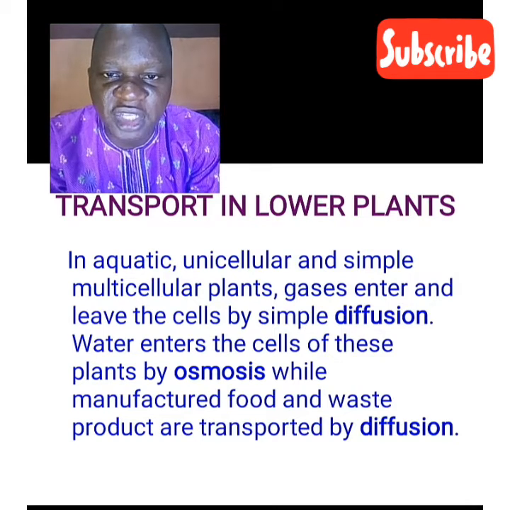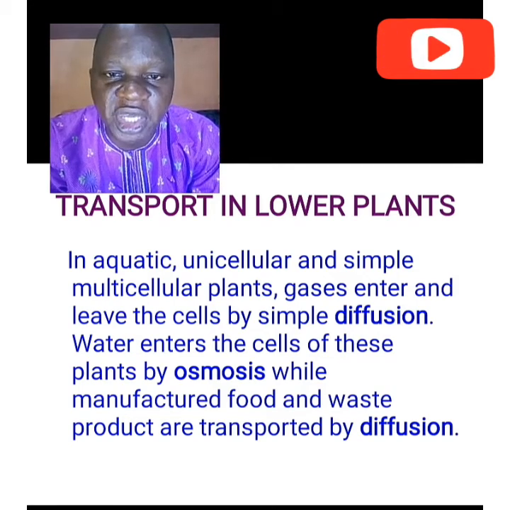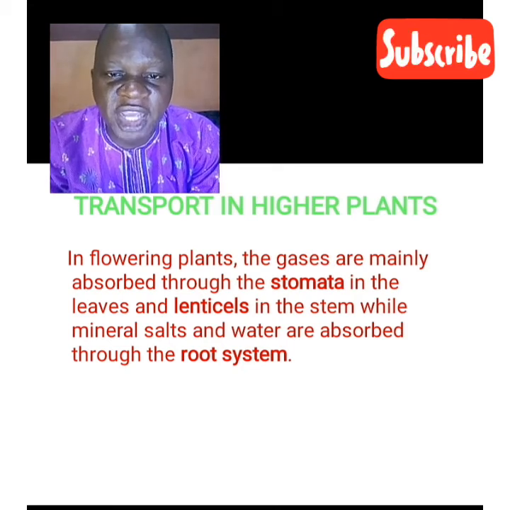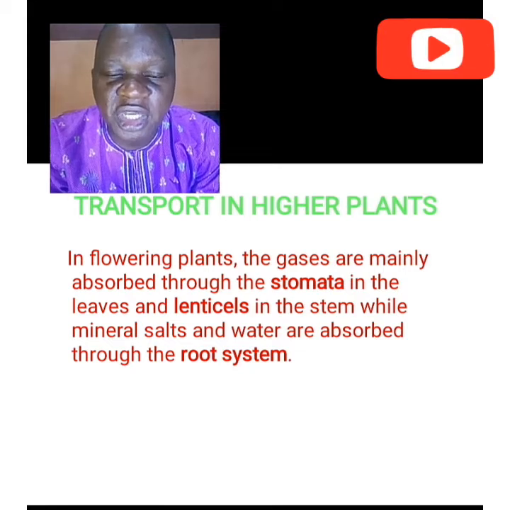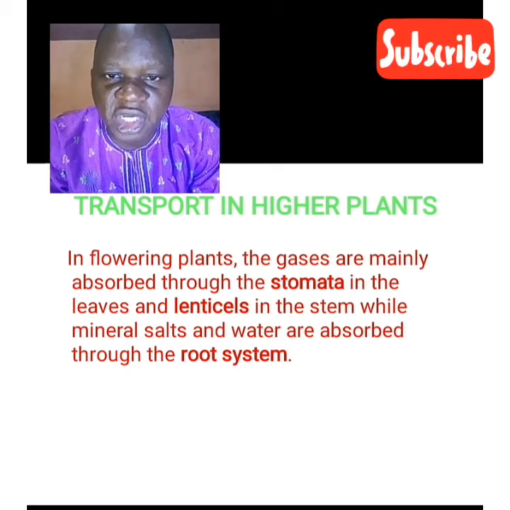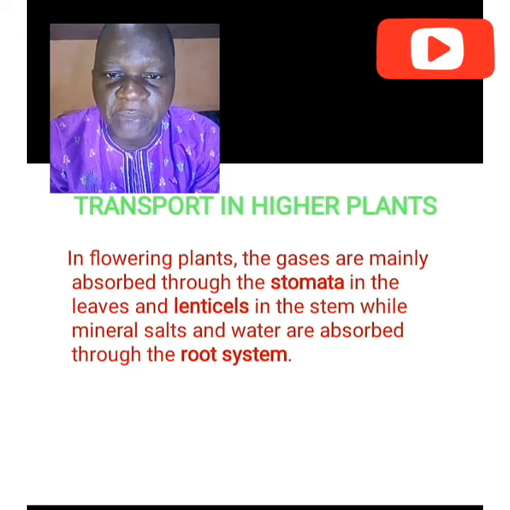So basically, simple diffusion and osmosis is enough for transport in lower plants, but that is not sufficient in higher plants, because in the case of higher plants, you have a wider range of distance to cover, with materials moving from the leaf to other parts of the plant, and also moving from the soil to other parts of the plant.